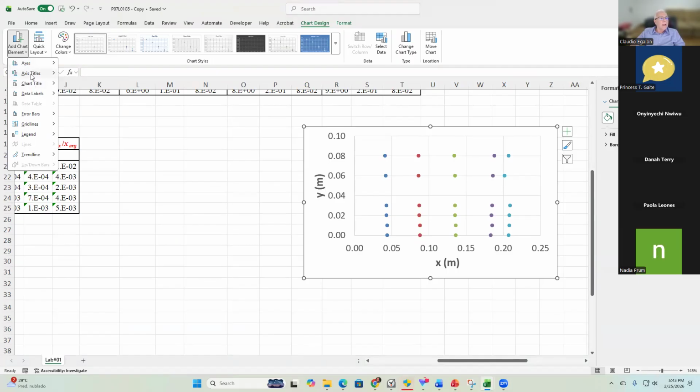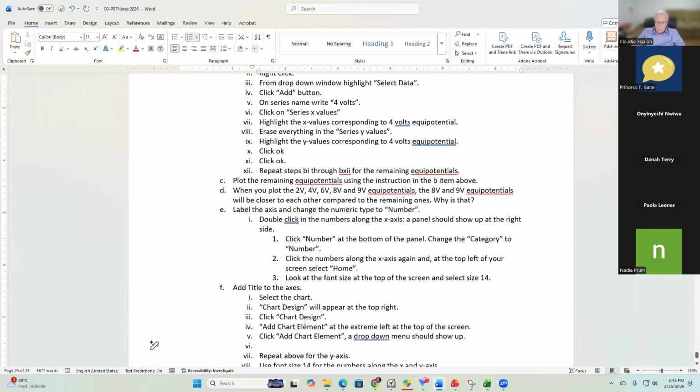Select axis title and add the title for the X and Y axis.